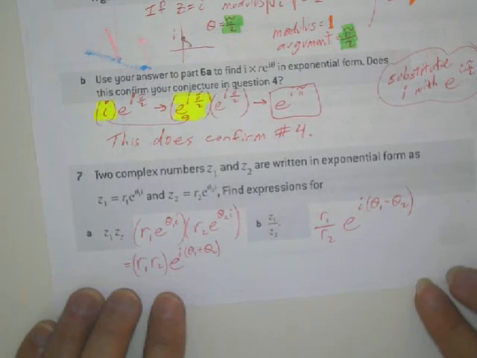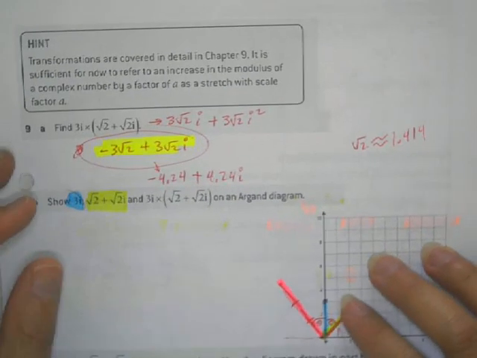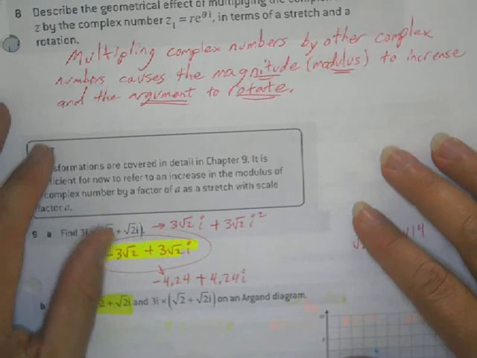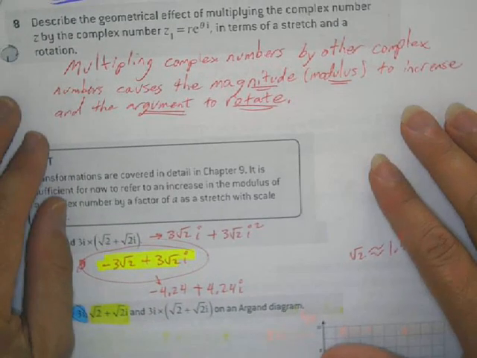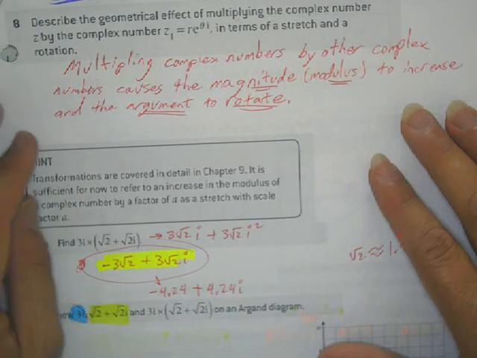Okay, so I just wrote those formulas here that we did in the Revision Village H8F.1. Okay, so this just says what I just said. Multiplying complex numbers by other complex numbers causes the magnitude to increase and the arguments to rotate.